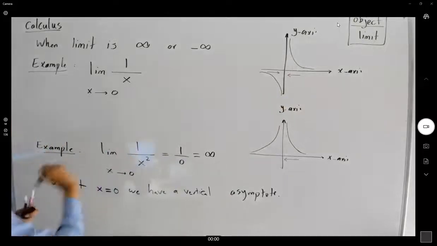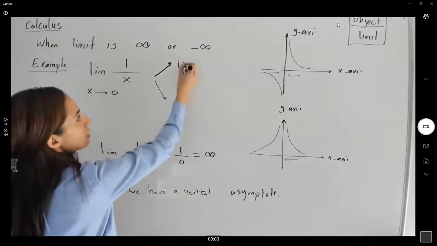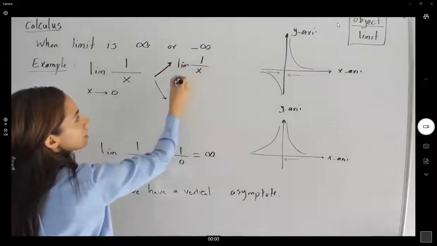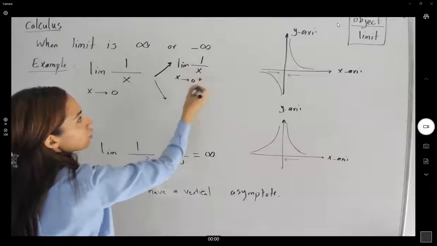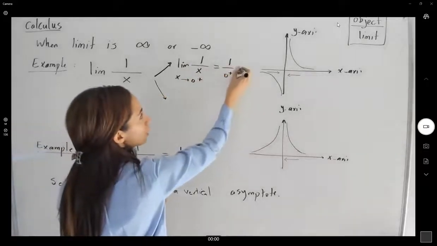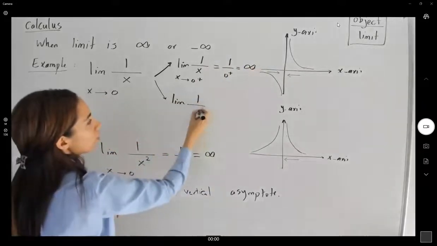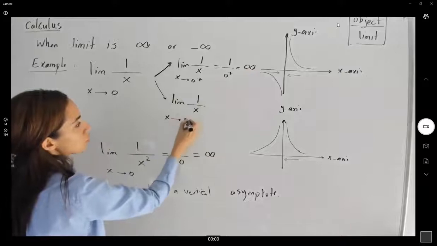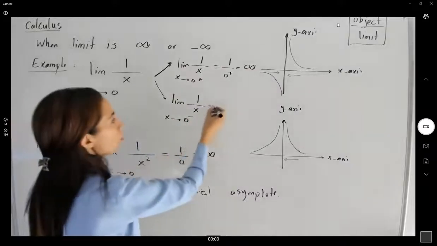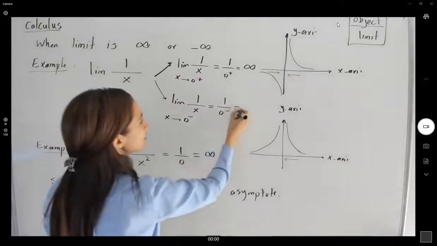Okay. It means that I have two limits to work with. Limit of 1 over x as x approaches to 0 from the right-hand side. It's 1 over 0 with plus sign, which is positive infinity. Limit of 1 over x as x approaches to 0 from left-hand side. 1 divided by 0 from left-hand side, which is negative infinity.